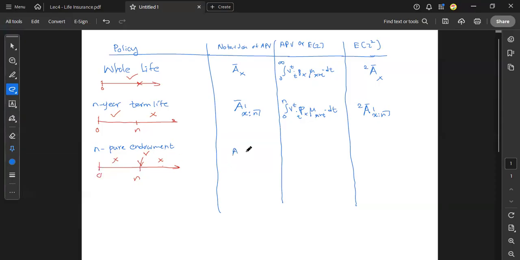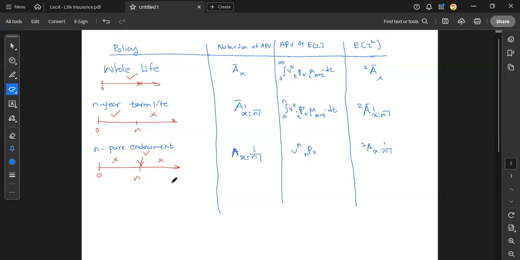The notation says there's no bar because there's only one payment time, but age is X and goes for n years. If survives at n, then pay one benefit. So the present value is v^n times probability of surviving for n. And the second moment is given by this. Just replace this n in v^n by 2n.